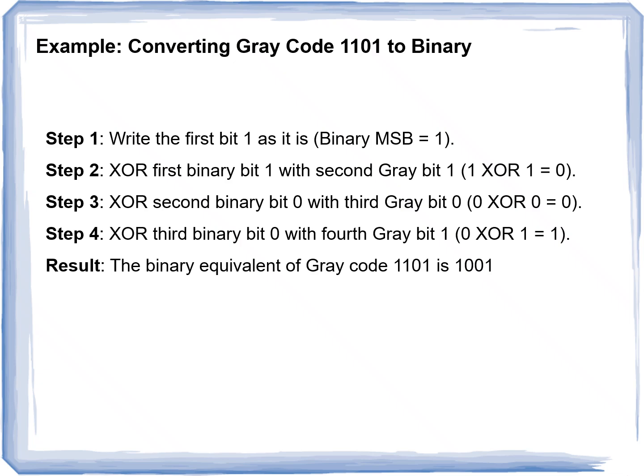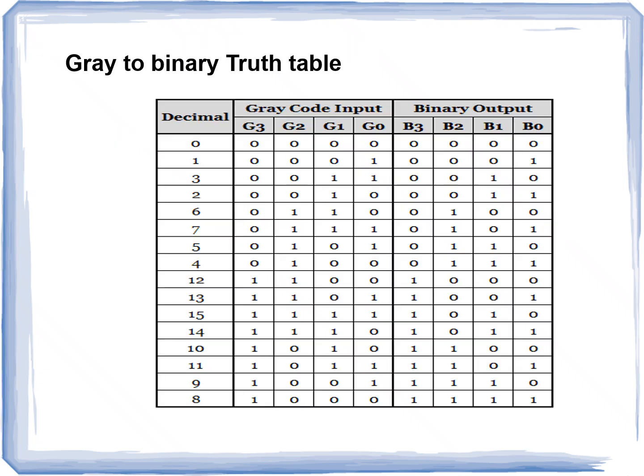Then, in the third step, we take the binary bit 0 with the gray bit 0, the XOR function is 0. Then the third bit 0 with the fourth bit 1, so the XOR function value is 1. Finally, the binary equivalent of the gray code 1101 is 1001. Likewise, we need to convert all the gray code values into binary values.